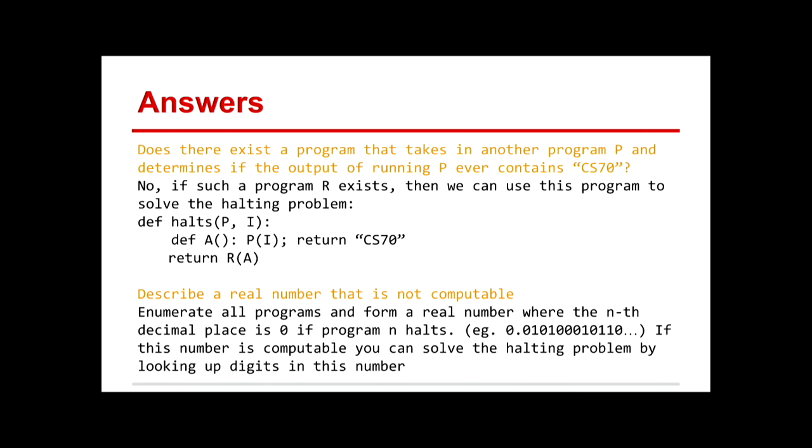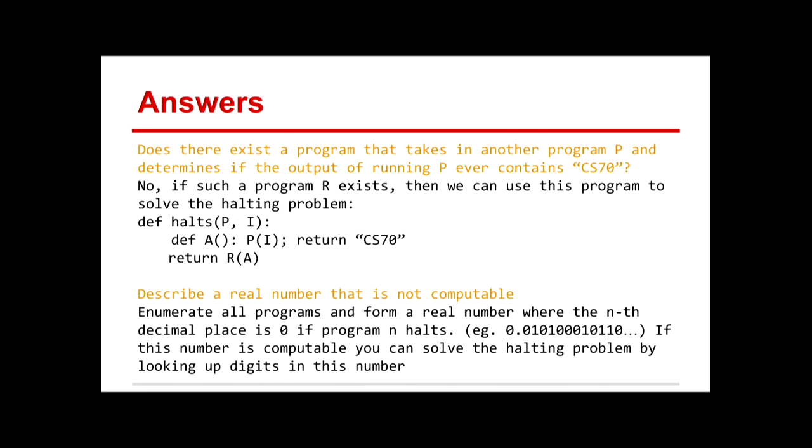It's kind of the same as what we did here. If you have a list of programs P1, P2, P3, and so on, write 1 if it halts, write 0 if it doesn't halt.